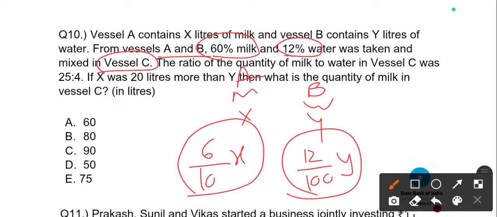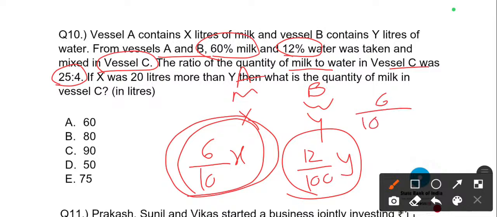It says that the ratio of the quantity of milk and water in vessel C was 25:4. So 6 by 10 X divided by 12 by 100 Y equals 25/4. So the X by Y value will be 25 divided by 4 times 12 by 100 divided by 6 by 10.